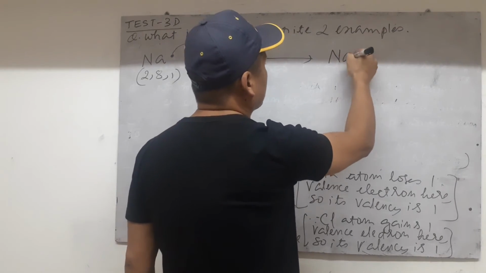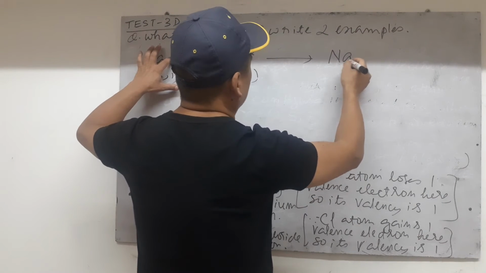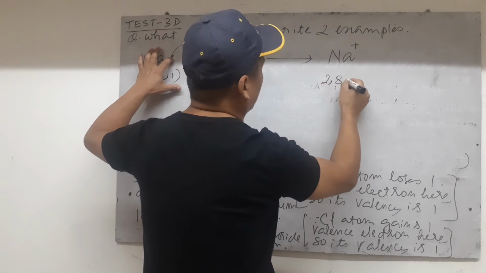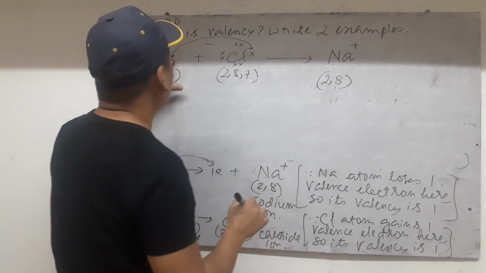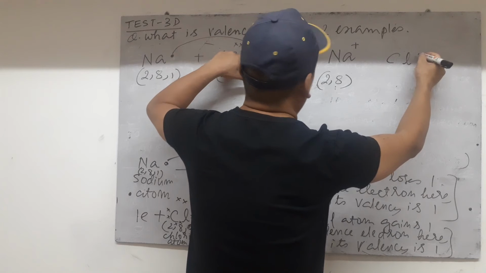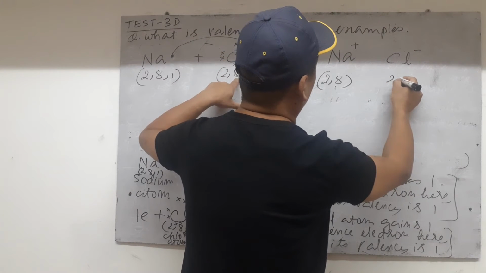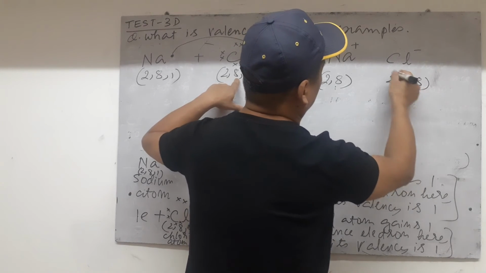Since sodium has lost 1 valence electron, it has become positive, and the configuration has changed to 2, 8 because 1 is lost, right? This loss is taken by chlorine, so 1 extra negative charge appears, since electron is negative. 2, 8, 7 has become 2, 8, 8.